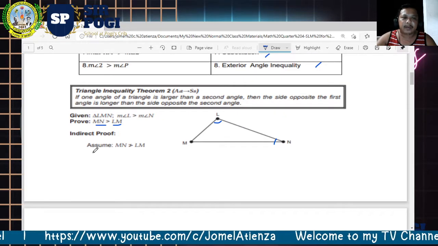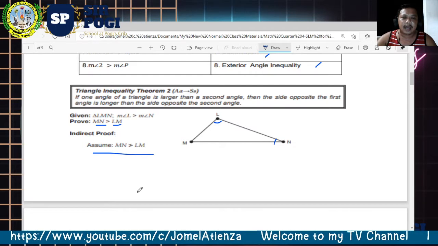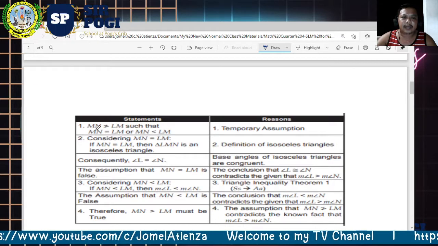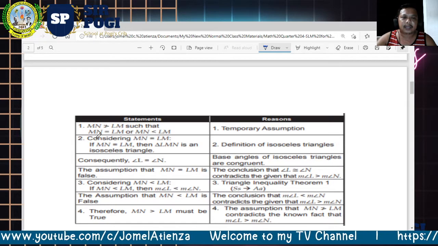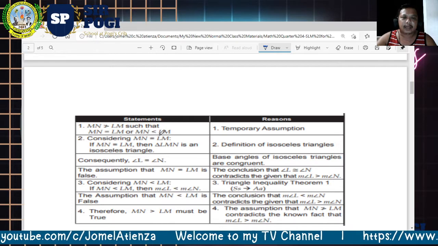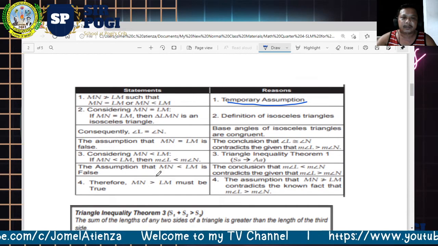In an indirect proof, assume that MN is not greater than LM, such that MN is equal to LM or MN is less than LM. That is the temporary assumption.